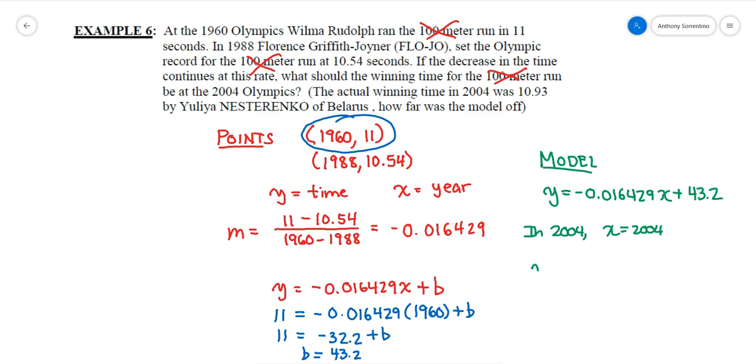So here I'm going to have y equals negative 0.016429 times 2004 plus 43.2, and I would get y equals, and again I would calculate, I would get 10.28 seconds.